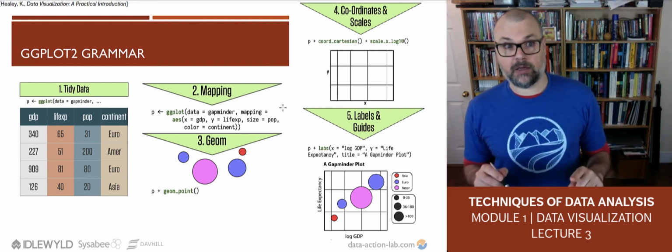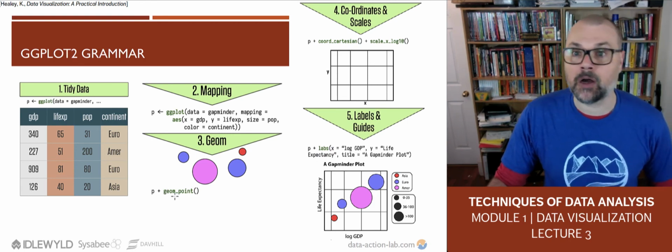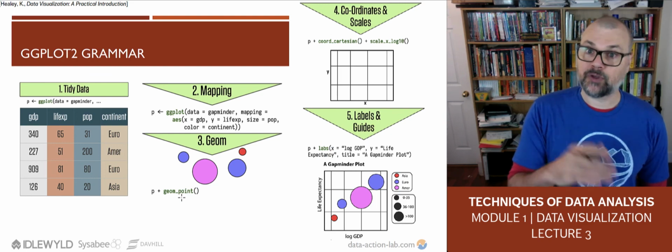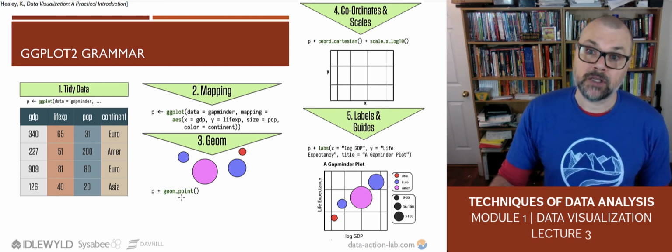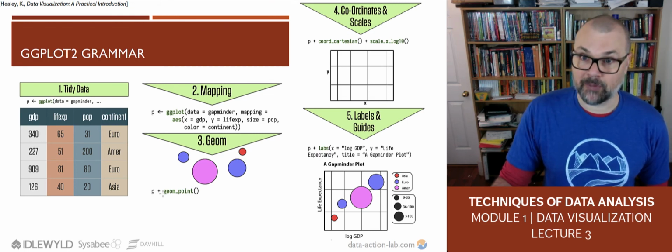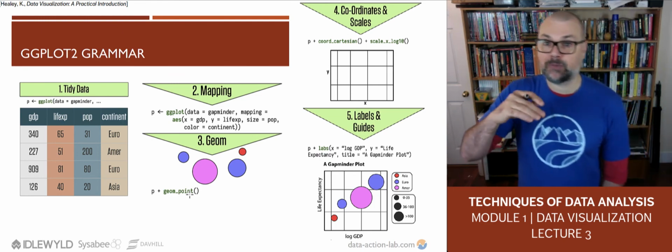Once you pick a geometry, and you would do so using code like geom underscore, and then the name of the geometry you want to pick. So for instance, bubble charts are produced with something called the point geometry, geom_point. There's a list of geometries that exist, I'll show you some of them in a second.